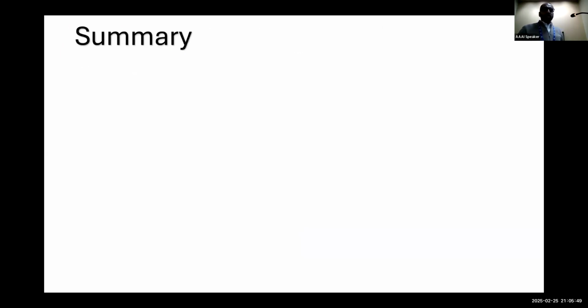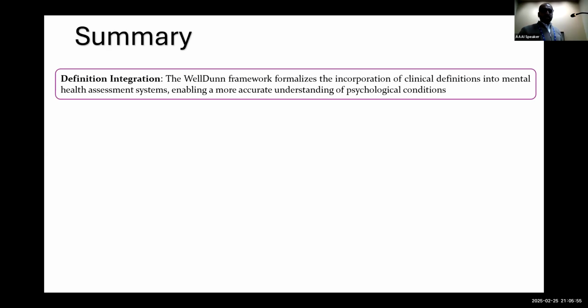With this, I want to summarize some of the core works that we talked about in the neurosymbolic space. One was the definition integration, which was the first work, where we look at how definitions are a simple and intuitive way of integrating your external knowledge into the LLM space.